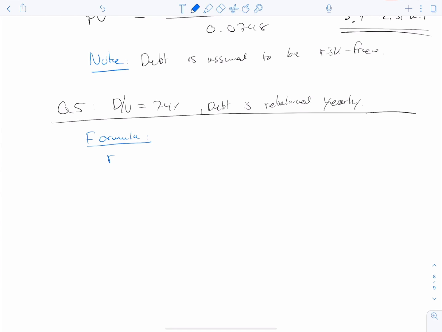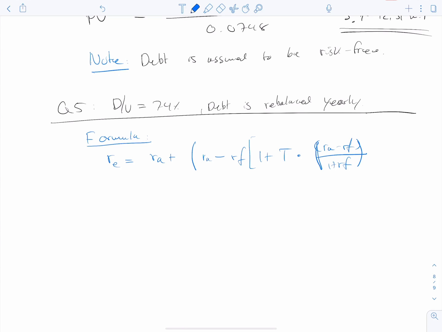We have, in this case, that RE, now I'm just using lowercase, is equal to RA plus bracket RA minus RF or RD. It's assumed to be risk-free, so it's the same. 1 plus tax times RA minus RF, over 1 plus RF here.